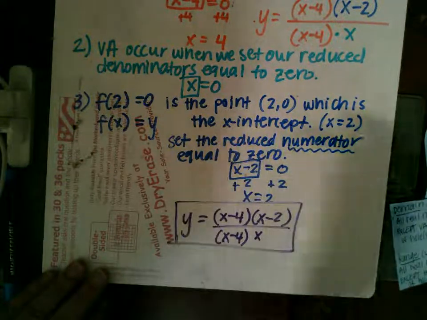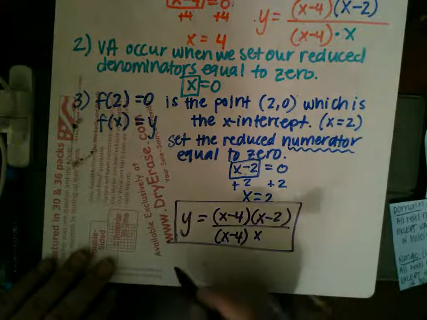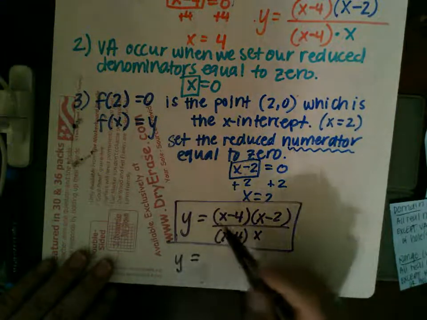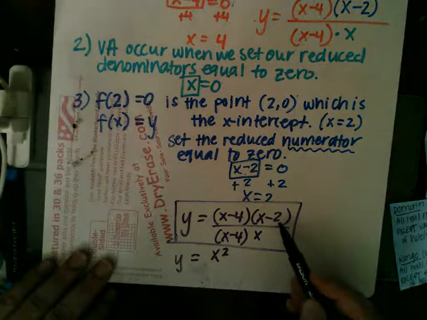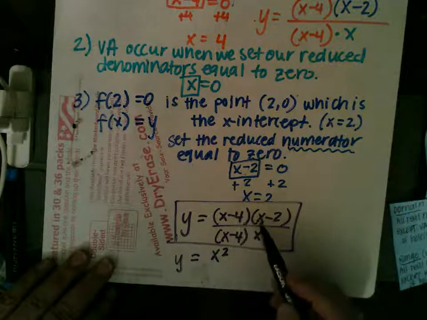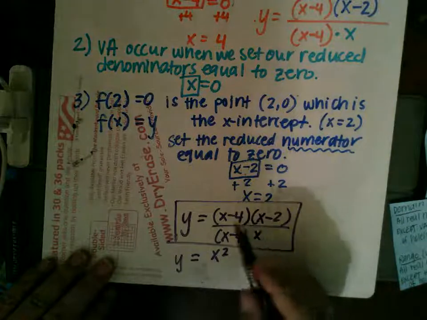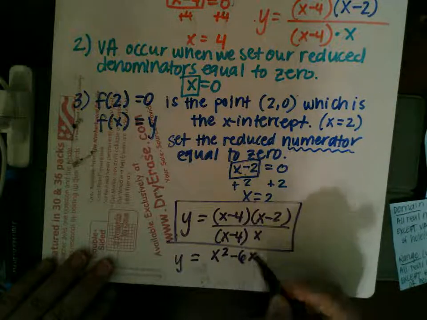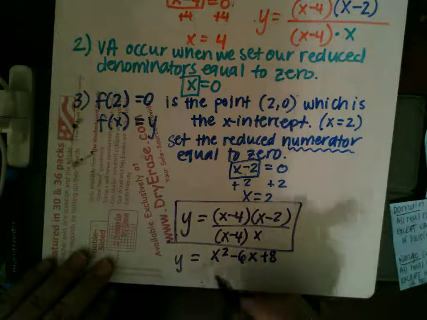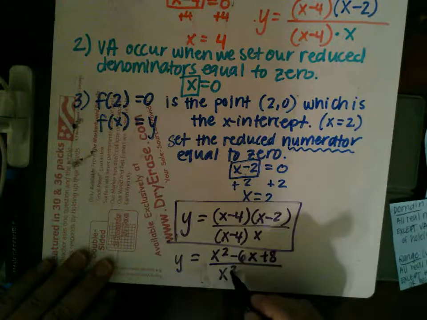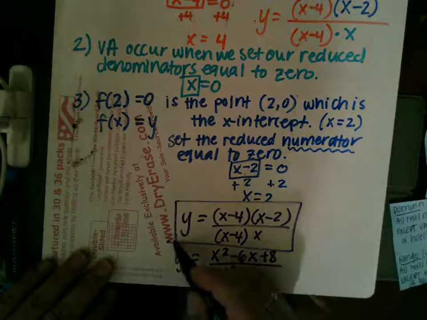Or if you wanted to expand this out, we could do that as well. X times x is x squared. X times negative 2 is negative 2x. Negative 4 times x is negative 4x. So negative 2x plus negative 4x is negative 6x. Negative 4 times negative 2 is positive 8, over x squared minus 4x if you expanded it out.